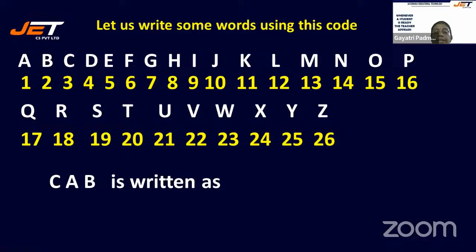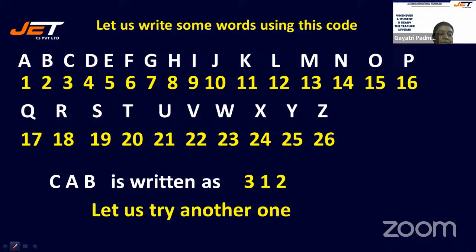Now, how is CAB written? So CAB can be written as, you can see corresponding to C, it is 3, right? And corresponding to A, it is 1. And corresponding to B, it is 2.